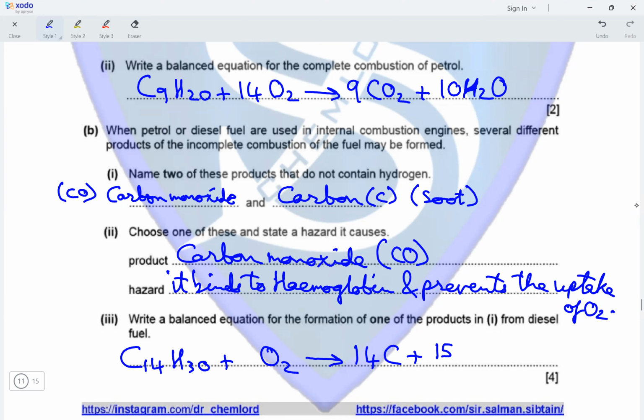So we would end up with 15 moles of H2O. And in order to balance the number of moles of oxygen, we need 15 atoms, which is equal to 7.5 moles of oxygen gas. So diesel would burn in 7.5 moles of oxygen, which is a limited supply, to produce 14 moles of carbon and 15 moles of water.